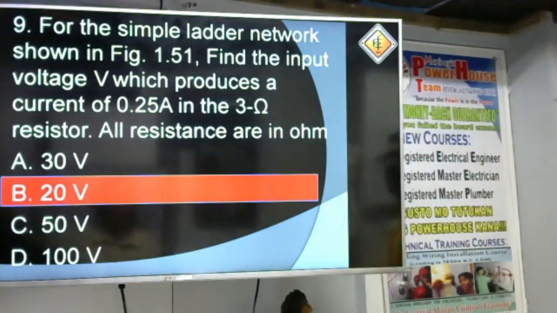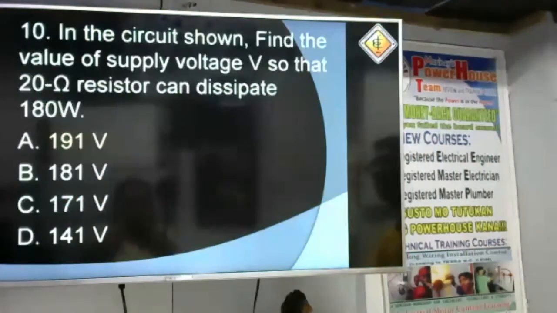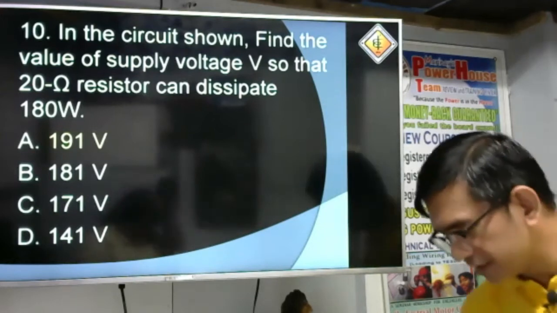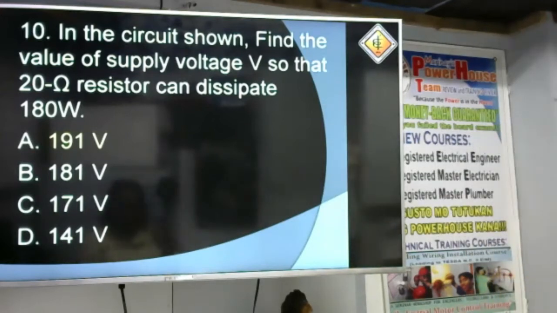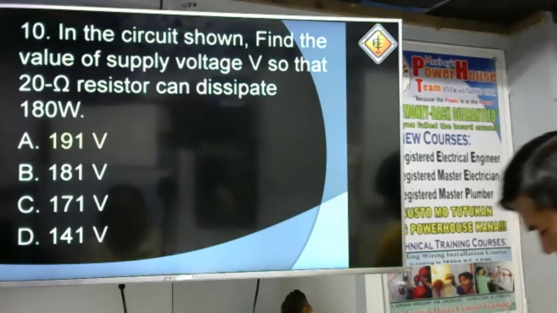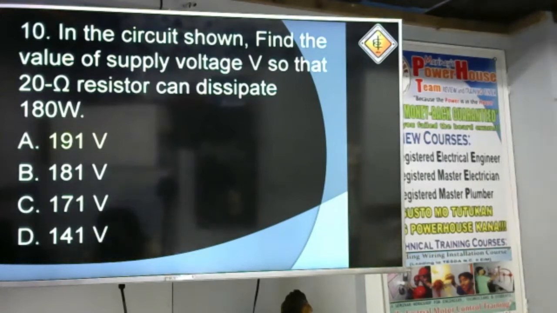Okay, let's go to the last problem before we have a break. In the circuit shown, again, there is a circuit. I have to draw the circuit. Okay, I will draw the circuit first.